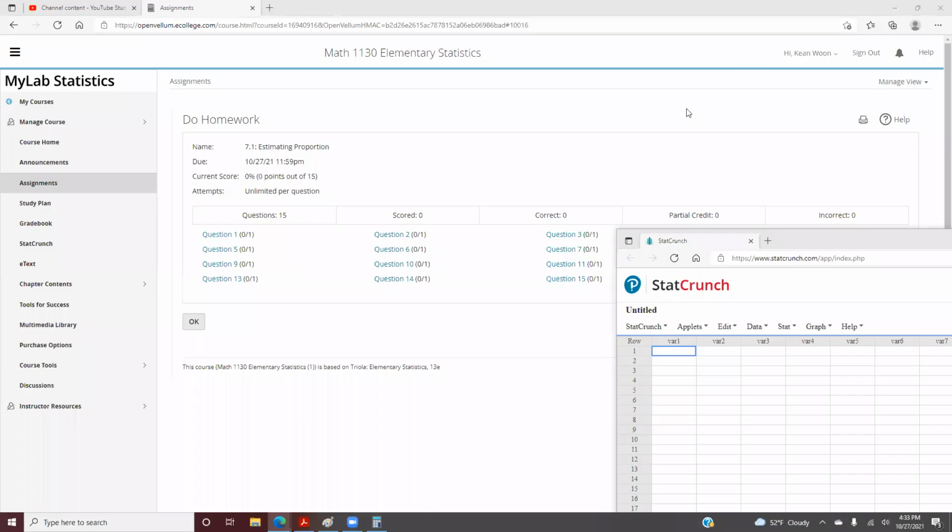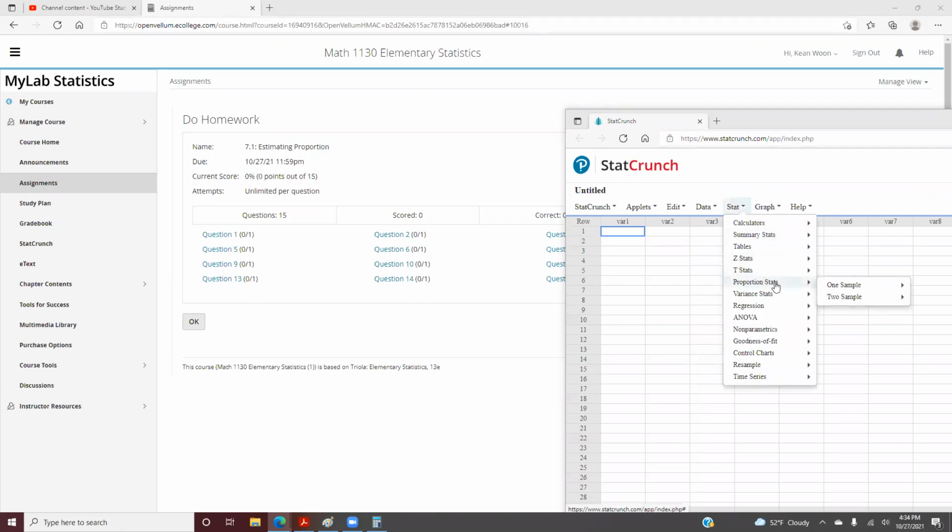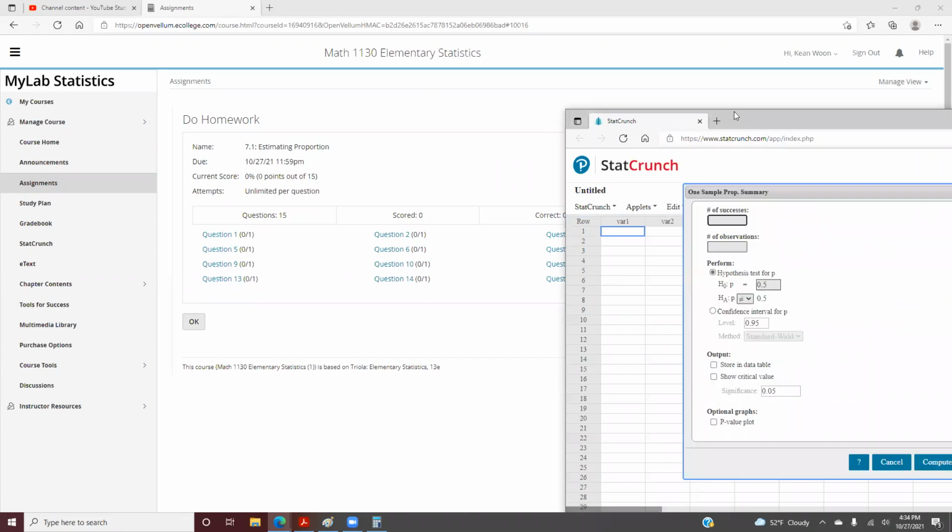I do receive some questions about your homework when you find the margin of error. Thank you for reminding me. So you go to StatCrunch, then Stats, Proportion Stats, One Sample, With Summary, and they will ask you for the number of successes.